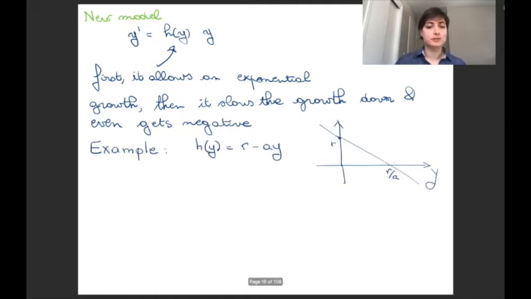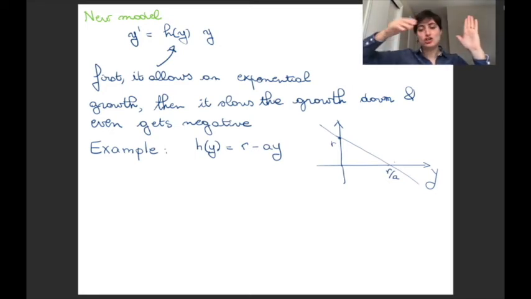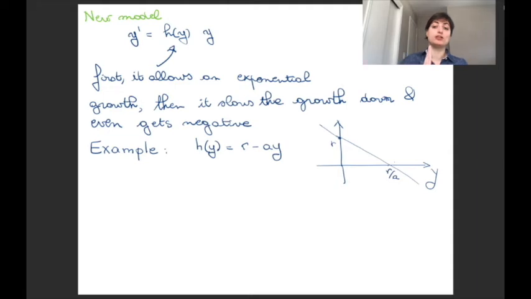What would be the simplest example? Well, we want h(y) to just be a decreasing line. We start at the value r, so for very small populations the growth is exponential, but at some point our h touches 0, so the population doesn't grow anymore. If you're over that, h is negative, so the population is decreasing.